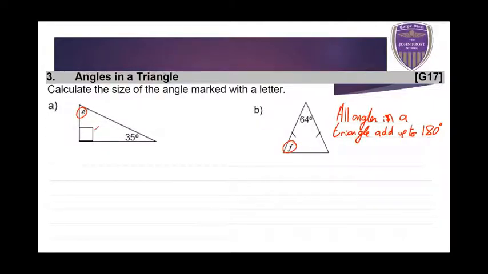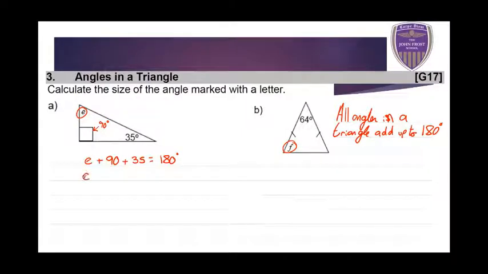So for our first question, we've got our right angle triangle again, so we know that's 90 degrees. So all these angles have to add up to 180. So let's write them down. So we've got E plus 90 plus 35 equals 180 degrees, okay?